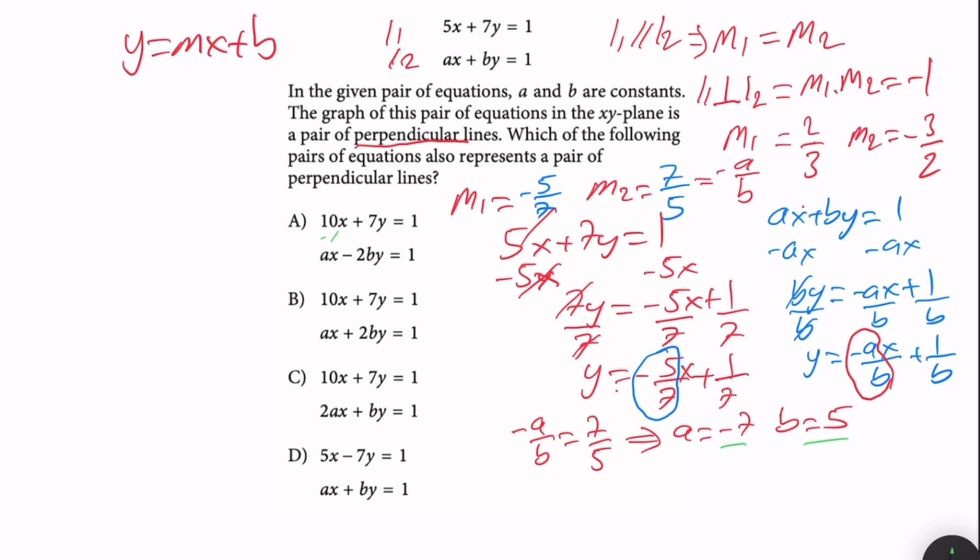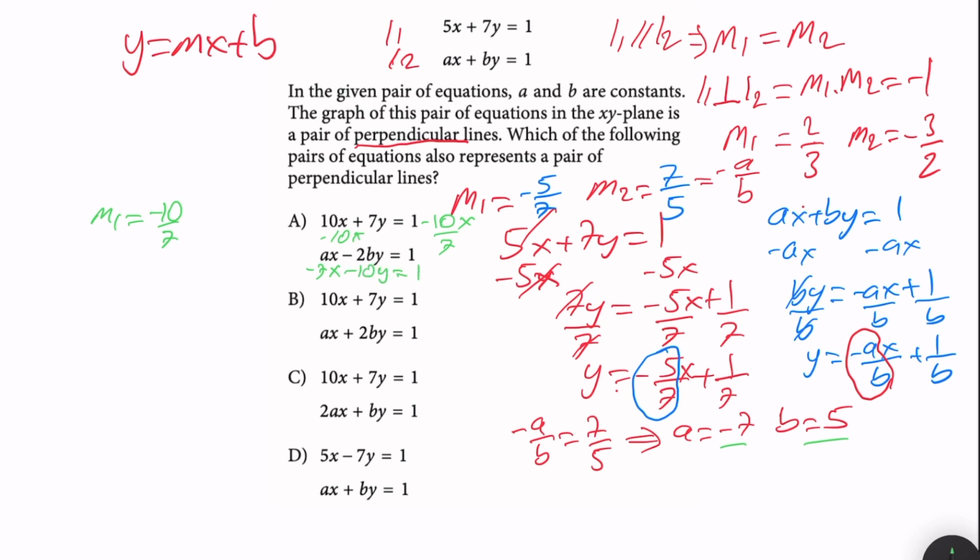Imagine you're going to take away 10x from both sides, so this will be -10x, and divide by 7. So m1 for choice A is -10/7.